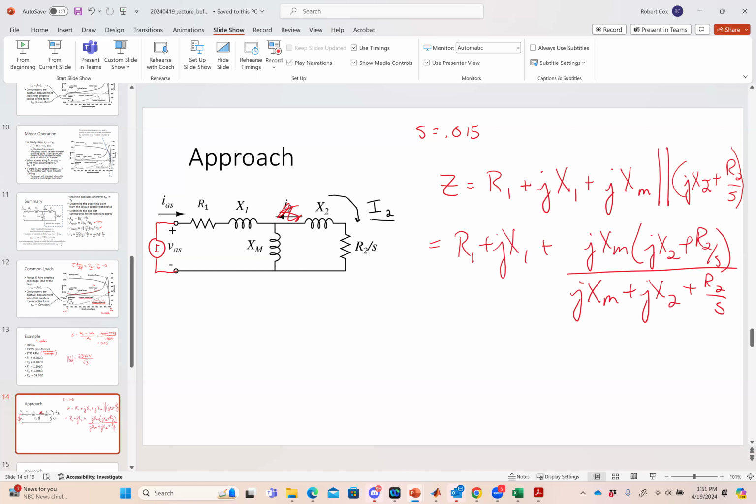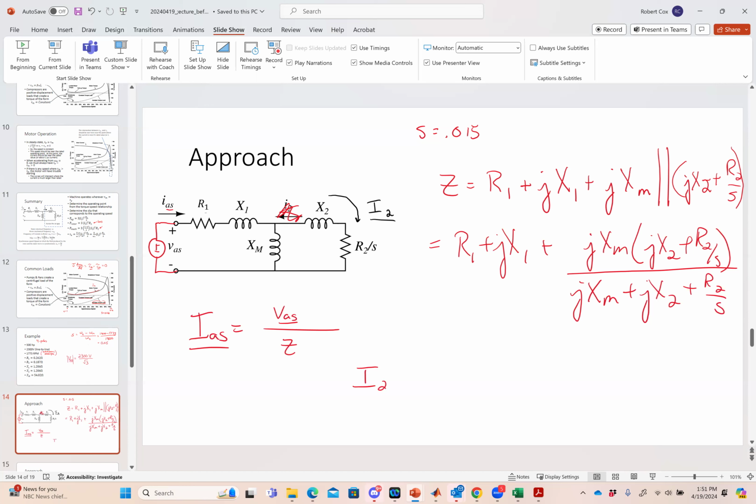So how do I figure out the current flowing in? IAS, the current flowing in here, what's that? It'd be VAS divided by Z, right? Where I could plug in that value of Z. Just pretty straightforward circuits. Now, if I want to figure out what's I2, how do I figure that out?